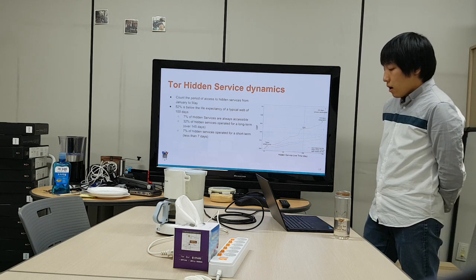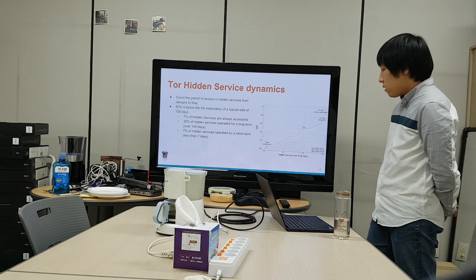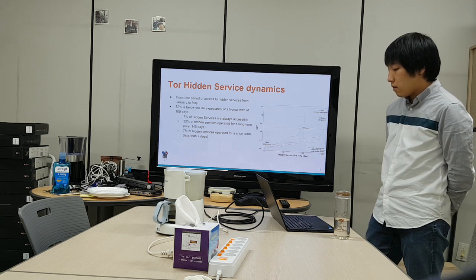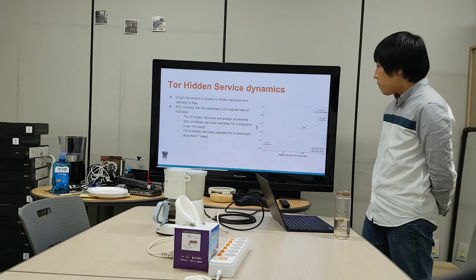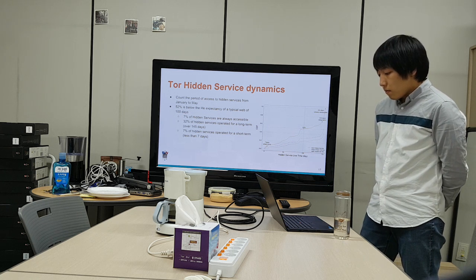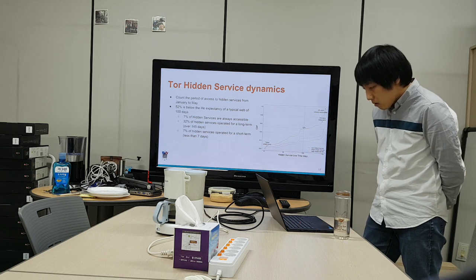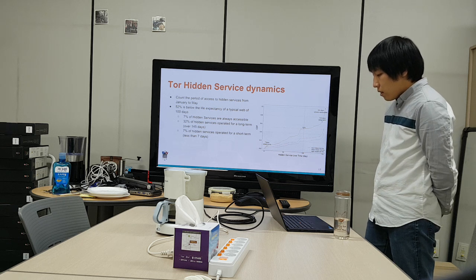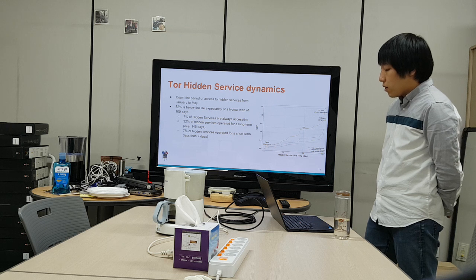In order to analyze the dynamics of hidden services, we counted the accessible dates from January to May and drew CDFs. 52% of hidden services are lower than the typical web's lifetime of 100 days.